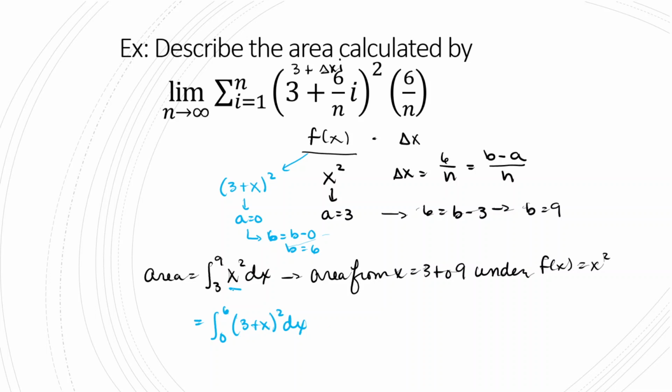The difference in this is that x squared and 3 plus x are just shifts to the left of one another. That's what the 3 plus does, it moves x squared to the left. So we have moved the function, but the area remains the same. So either of those are a legitimate answer for that problem.